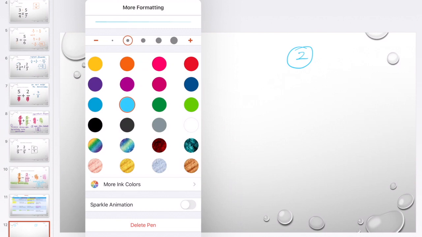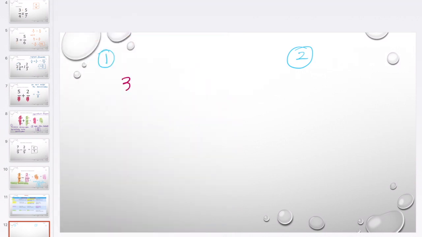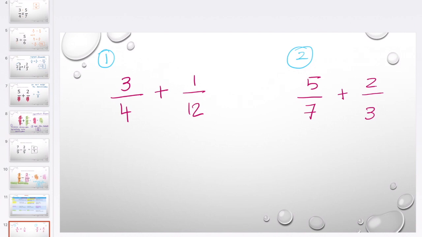Problem 1 is asking me to do 3/4 added to 1/12, and the second problem is 5/7 added to 2/3. Alright, so those are the two problems that you have to do. See you in class.